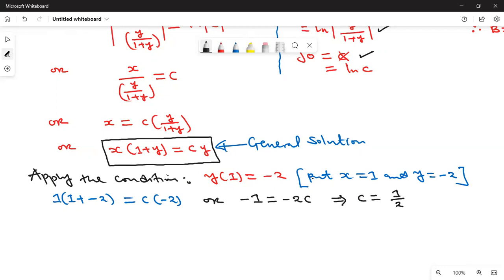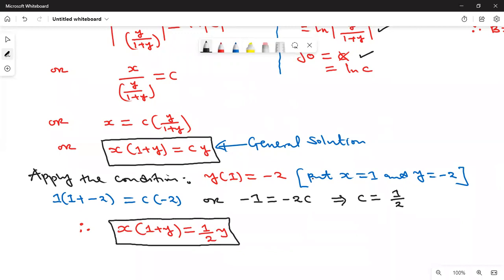Now when you replace it back into the general solution, we get the particular solution. So, therefore, x times 1 plus y is equal to 1/2 times y. We bracket this. This is called the particular solution.